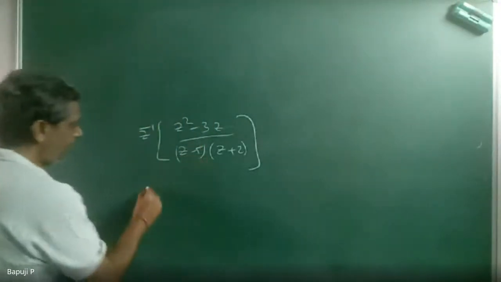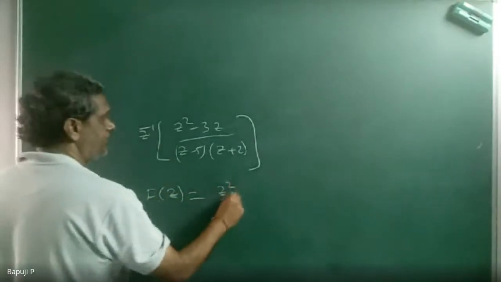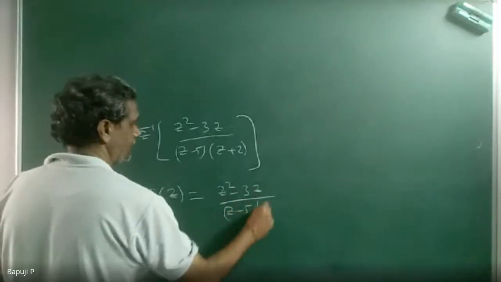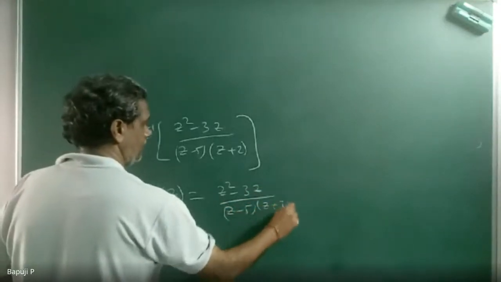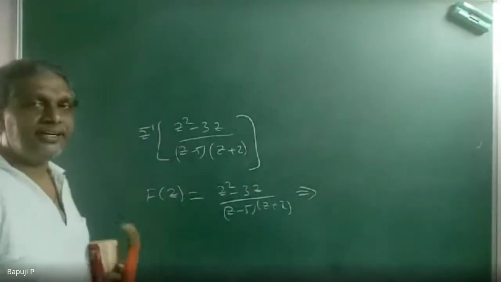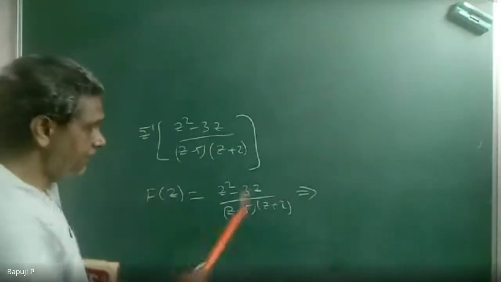So how can I write this? Instead of dividing, I will write F of z is equal to z squared minus 3z by this. One z is guaranteed, 99.99% it will come common, so you can pull it outside.